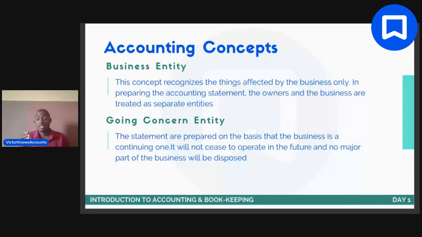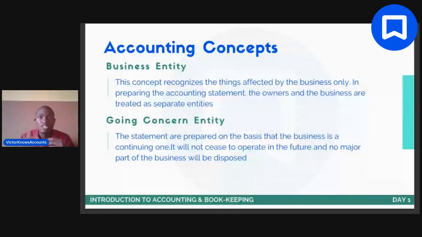To another concept under going concern known as the periodicity concept. Now, while the going concern concept tells us that our business is a continuing one, the periodicity concept tells us that there is no way to prepare, since we don't know when our business will end. We are saying that our business is operating continuously.